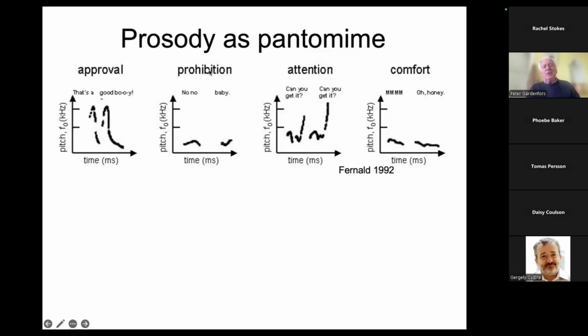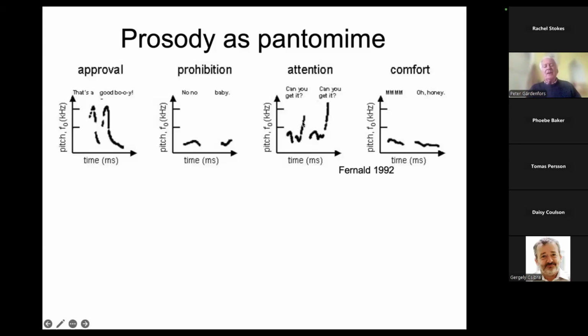Then there is prohibition. No, no, no, no, no. And it doesn't show very well here, but it's very often a staccato pattern. Even in the animal kingdom, a staccato pattern in a bird song or other animals is very often a warning call. Attention is by a rising tone, the rising pitch of the prosody.